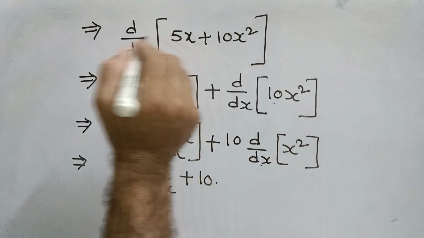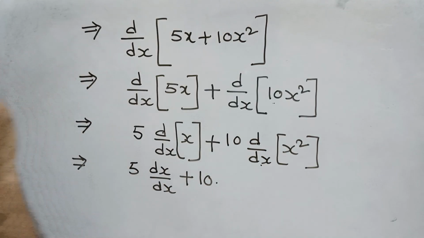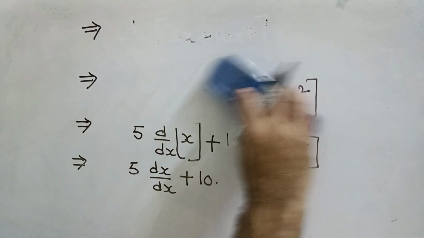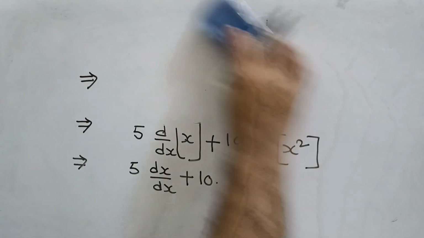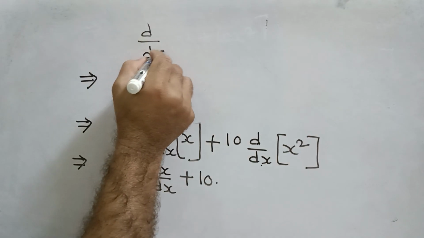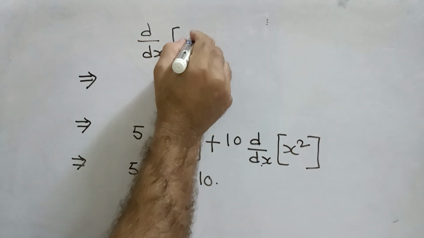Remember that there is a formula. Please remember that. I will write that formula here: d by dx of x power n.